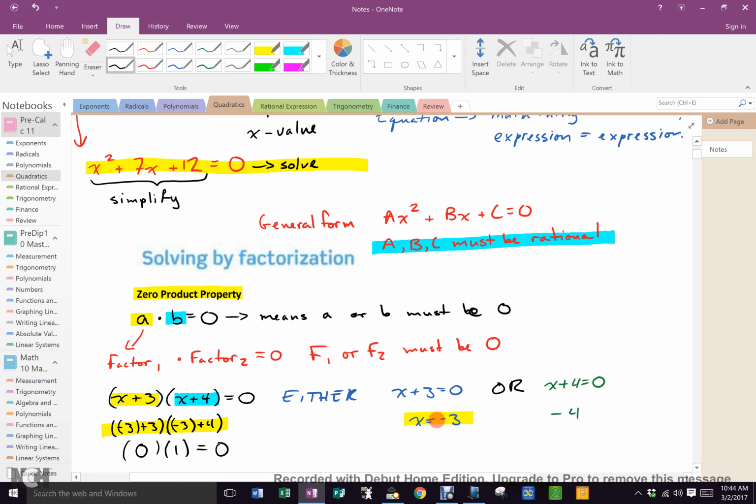Did it work? Yes. Cool? Now, if I change to the blue one, I have -4 plus 3 times -4 plus 4. -4 plus 3 is -1. -4 plus 4 is 0. Does that equal 0? So they both work.